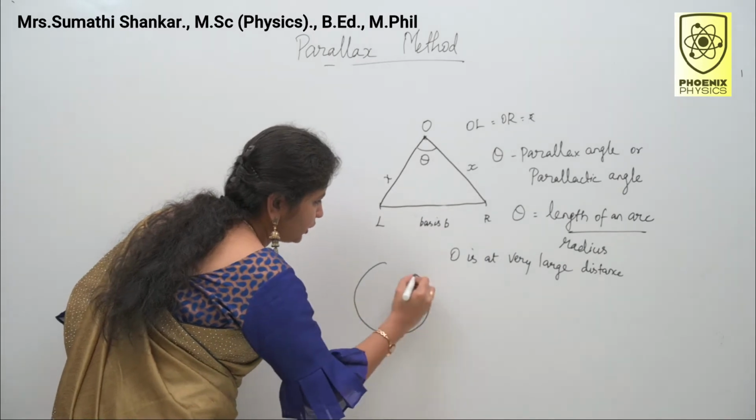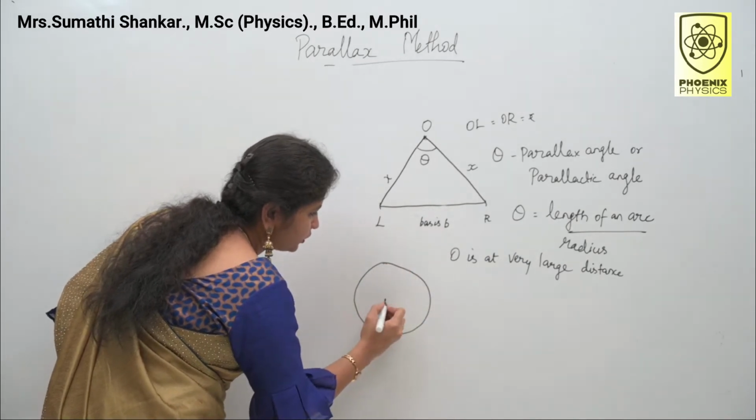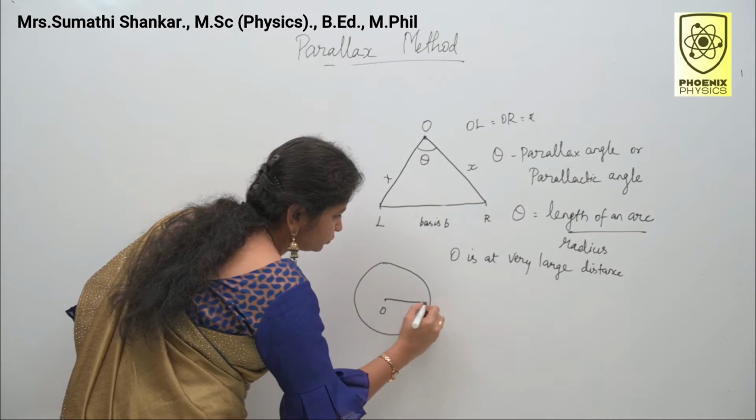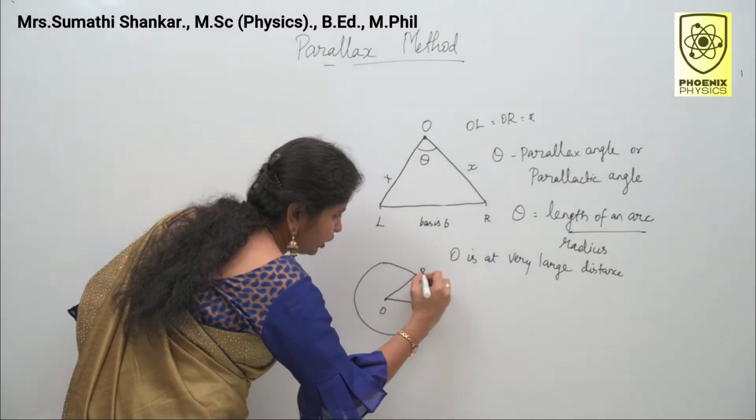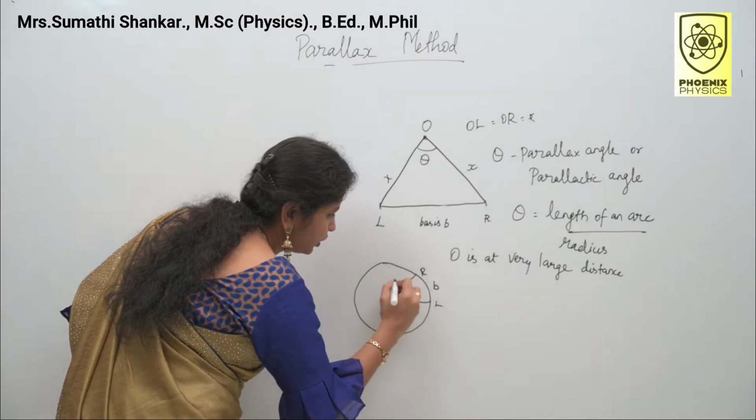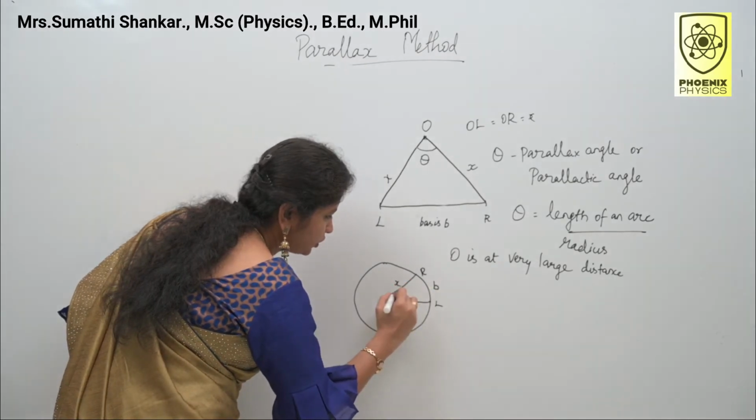I will draw the diagram like this. This is the center O. These two are the two points of observation. This is the basis, this is x and this is x, and theta.